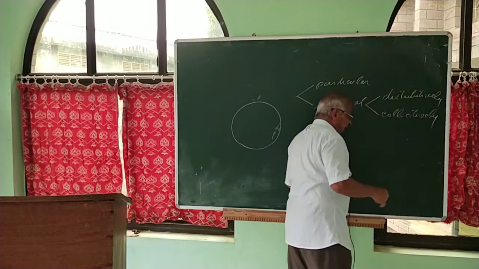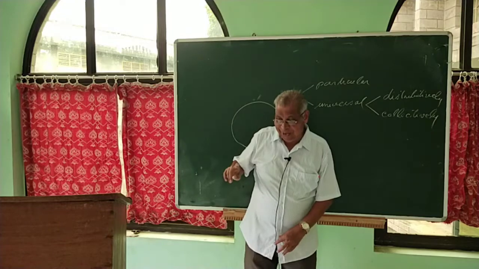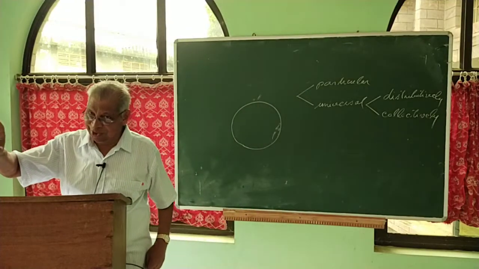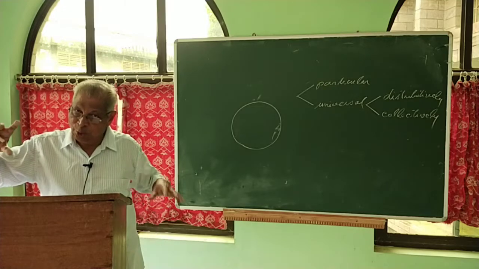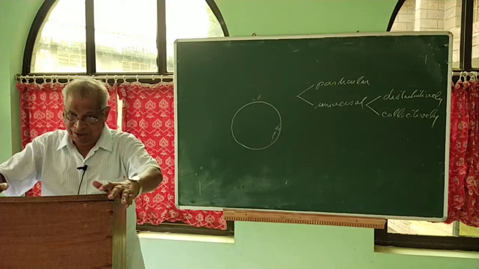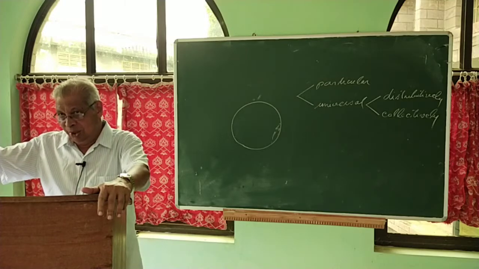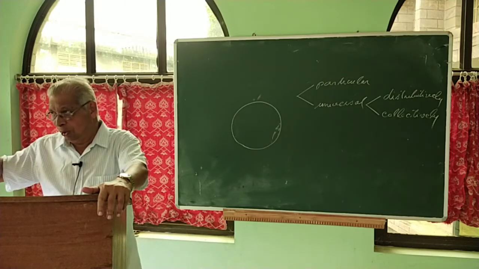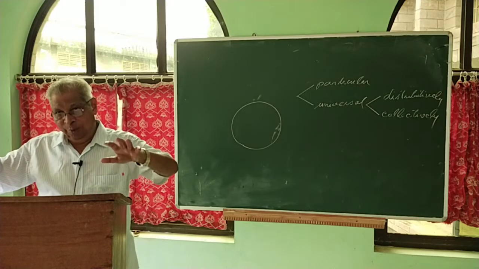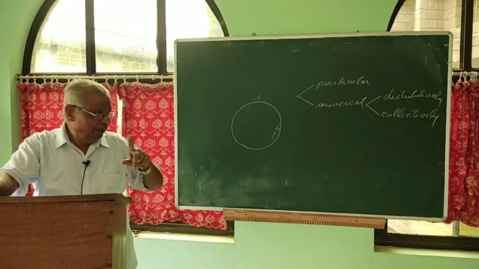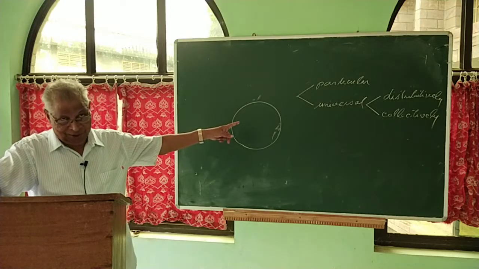Distributively or collectively. Two ways of using the universal terms. We already know what a universal term is: a term that refers to the whole group of the class. Whole group. Nobody is left out. All trees, all humans, all animals, and so on. When we refer to the whole group without leaving out anyone, it is a universal term.